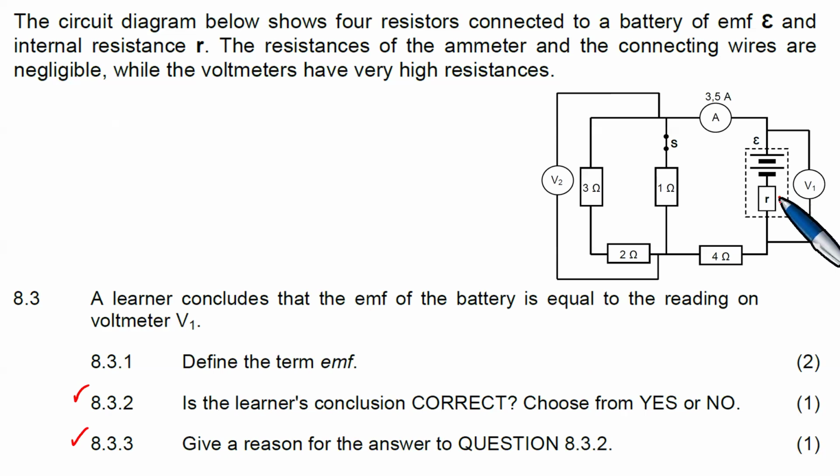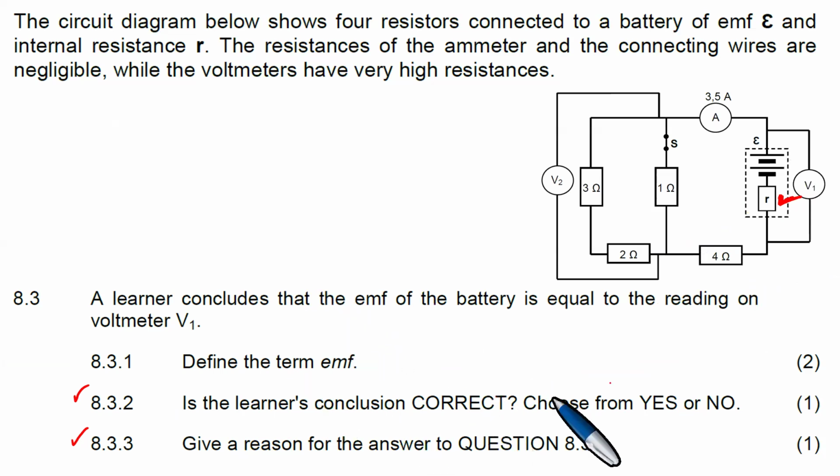Because this battery has internal resistance, some of the volts will be lost inside the battery. So we must be careful here. If the battery has internal resistance, not all the EMF is going to come out, because some of it is going to be lost.